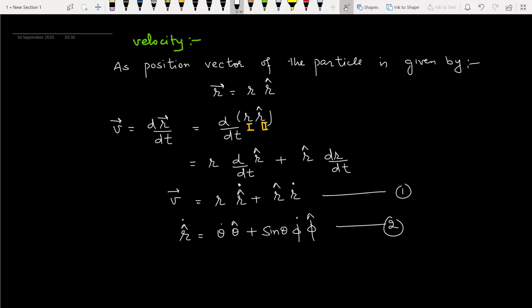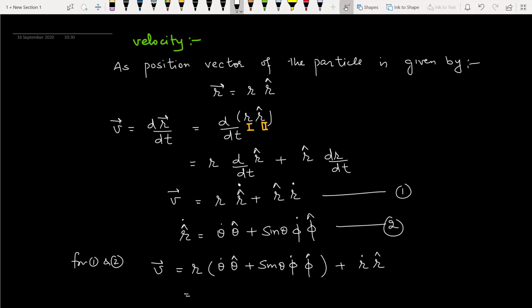So from 1 and 2, velocity vector can be found as theta dot theta cap plus sin theta phi dot phi cap plus r dot r cap.